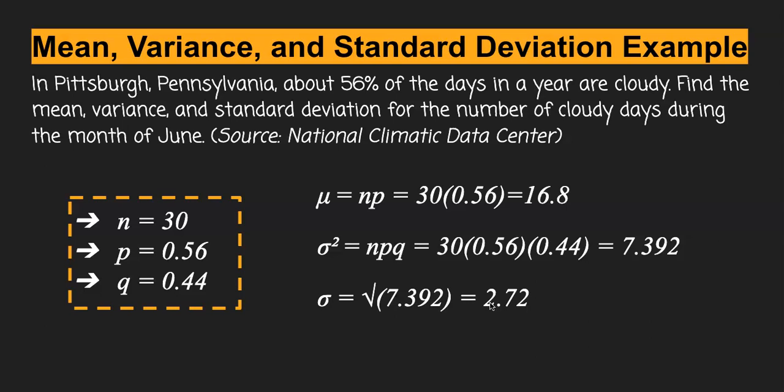But just to interpret this, 2.72 days is the standard deviation. I was going to say about 16.8 plus or minus 2.72 days, so about 95% of the days of June, but I don't know how to say this. We'll do more interpretation when we do normal distribution.